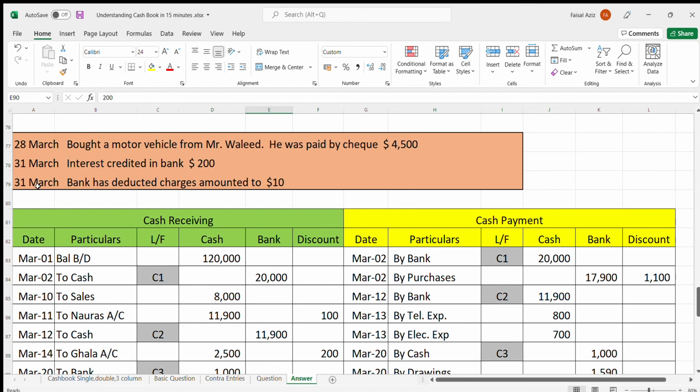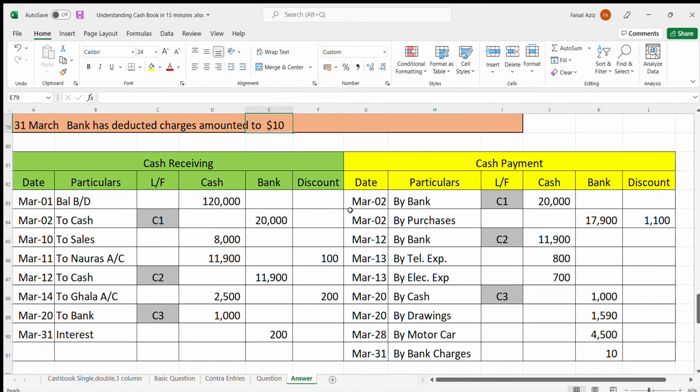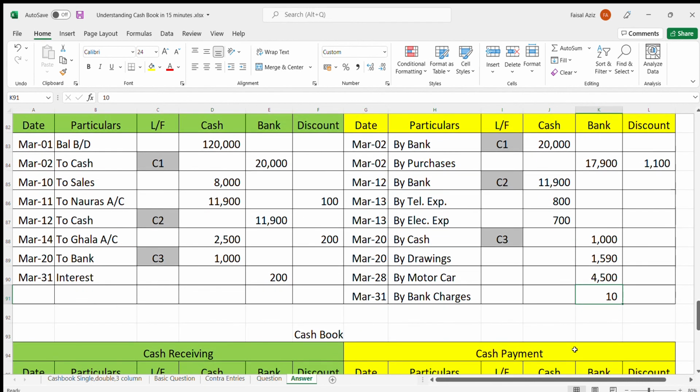And another March 31st transaction mentions that bank has deducted charges amounting to $10. So since the bank has deducted charges, the same we will have to record in our cash book on the right side, because charges will be taken out. So here we'll have to mention it on the right side in the bank column.